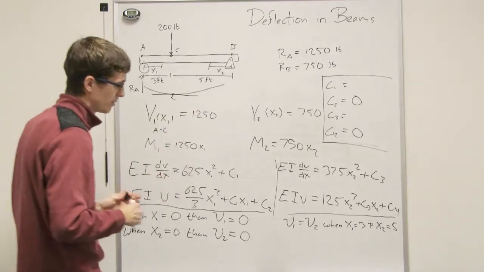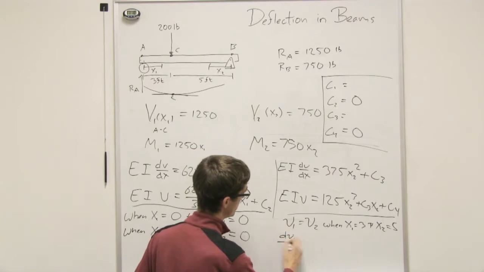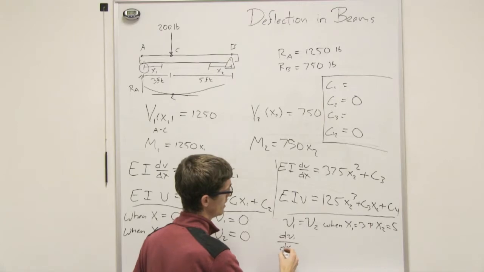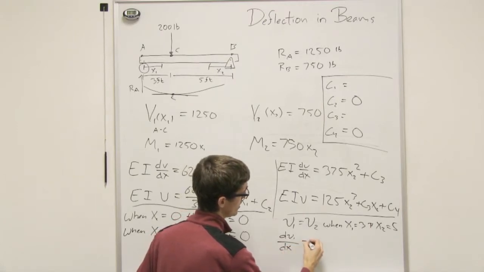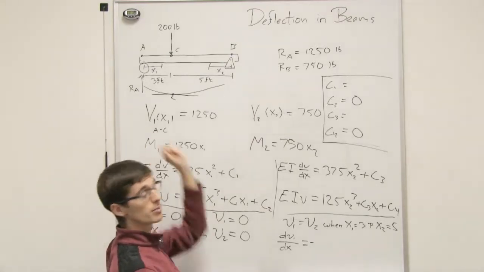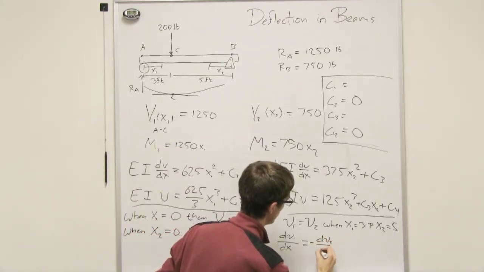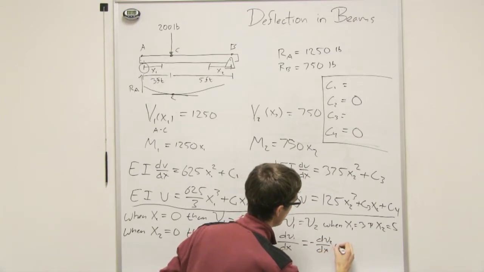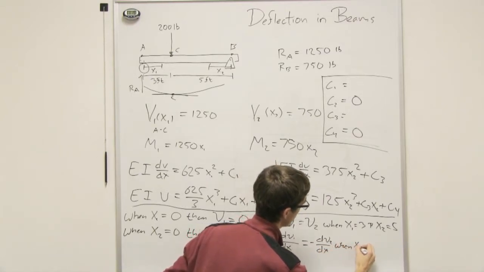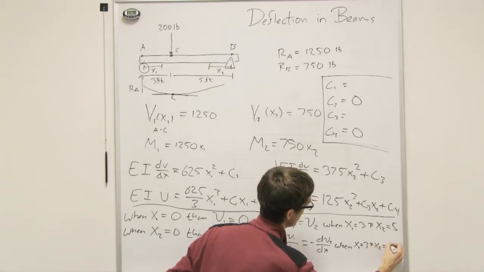So what I'm going to do is say that dV1 over dx is equal to negative, and that's because this equation is going backwards, remember, for the second one? Negative dV2 over dx when x1 equals 3 and x2 equals 5.